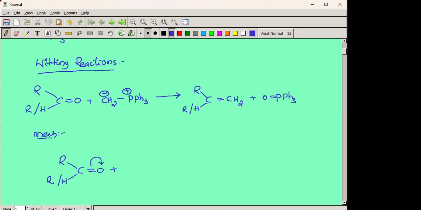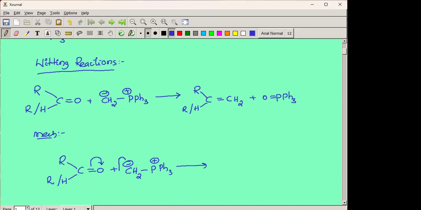In the presence of this ylide, which acts as a negatively charged species, the electromeric effect happens.